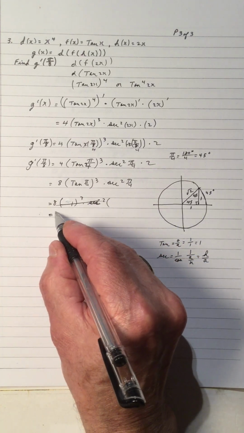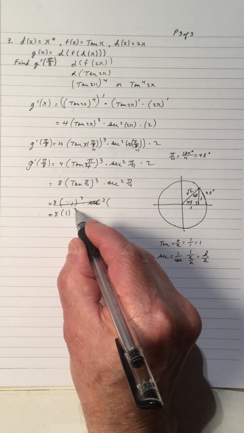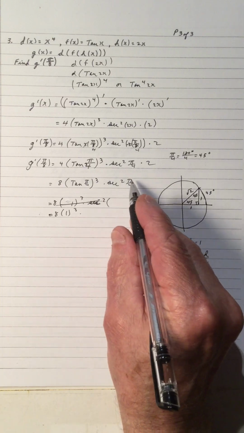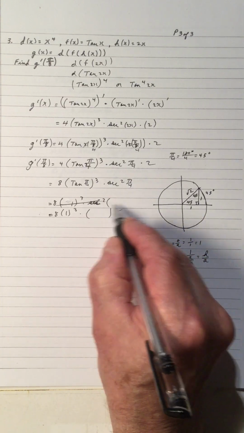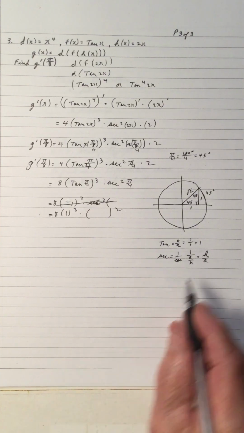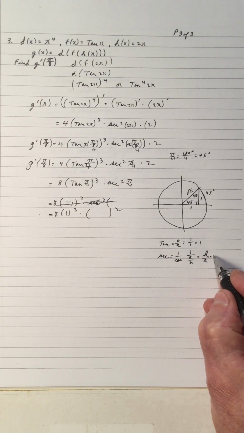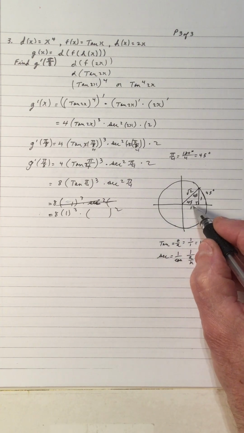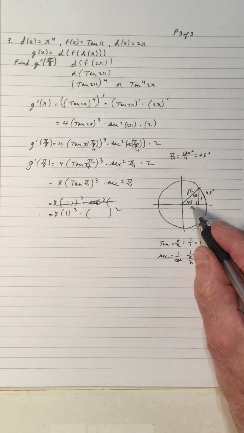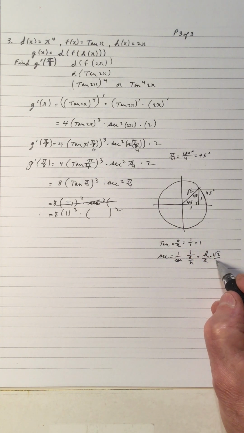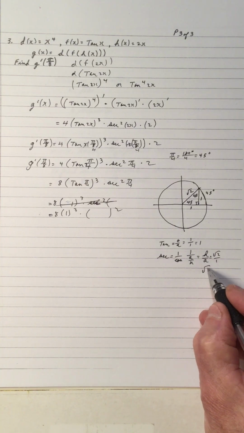I got ahead of myself. So the secant of 45, sorry about that, the secant of 45 is hypotenuse, which is root 2, over cos, which is the x, which is 1. So that's root 2.